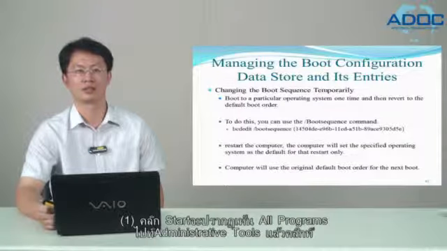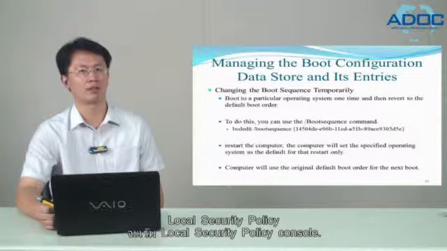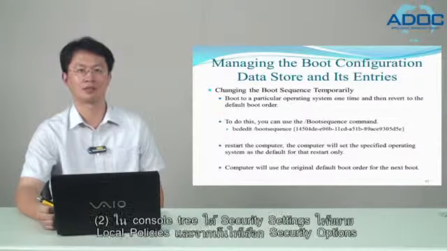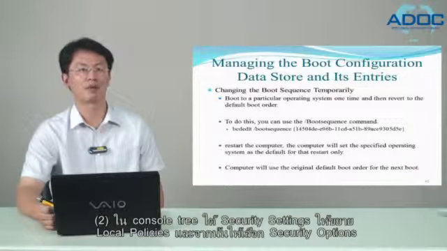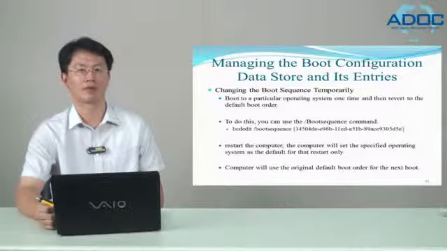First, click Start, All Programs, Administrative Tools, Local Security Policy. This starts the Local Security Policy console. Second, in the console tree, under Security Settings, expand Local Policies and then select Security Options.